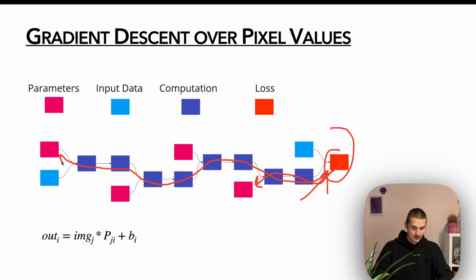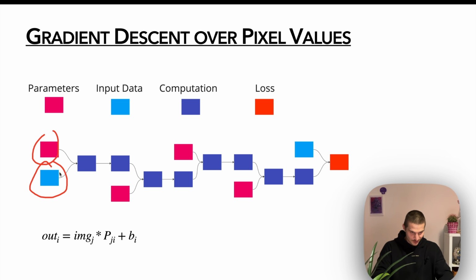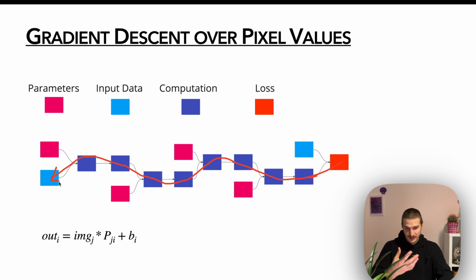And this gradient is computed by backpropagating through the entire network. And then, knowing the gradient, we update the parameters to achieve a better version of the network that has lesser loss. However, we can see that the actual parameters and input data are quite symmetric here. So there is nothing stopping us from just computing the gradient of the loss with respect to input data.